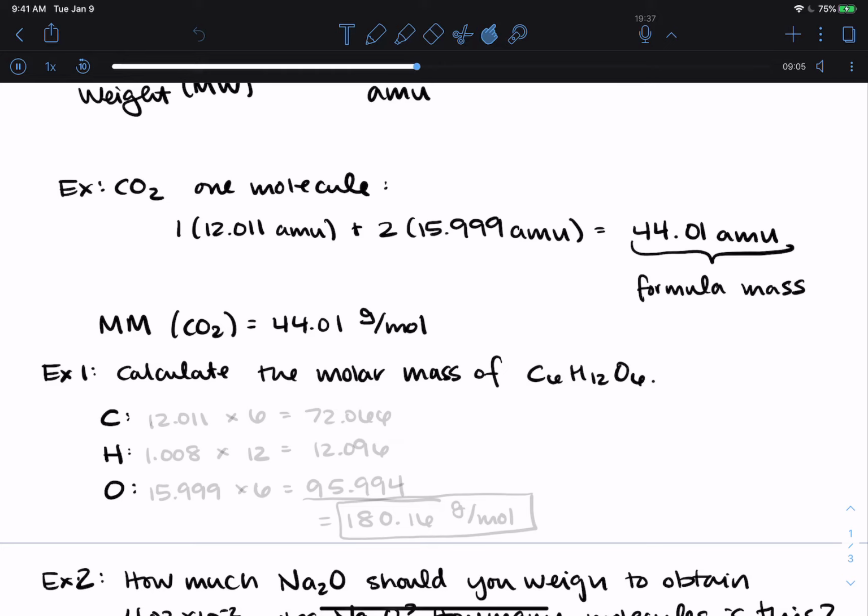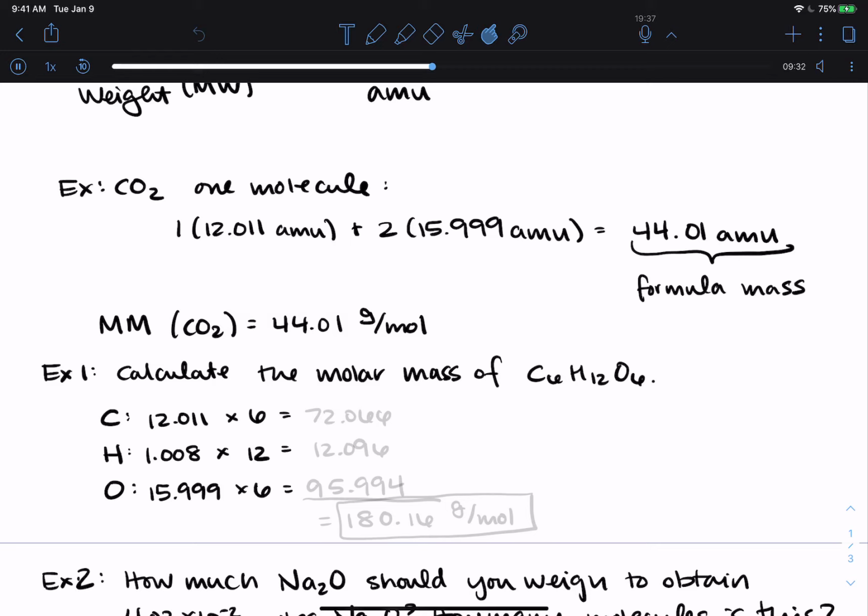My carbon from the periodic table, I can pull the 12.011, and there are 6 of them, so I'm going to need that times 6. The hydrogen is 1.008 for its atomic weight, and I have 12 of those. Oxygen is 15.999, and I have 6 of those.